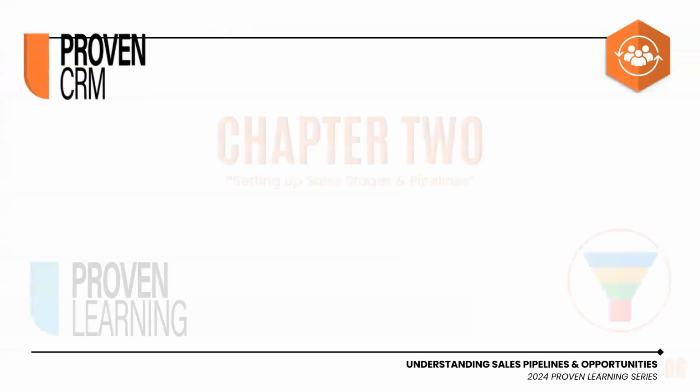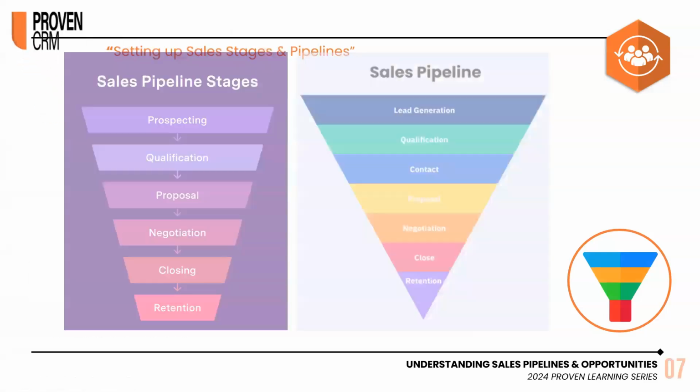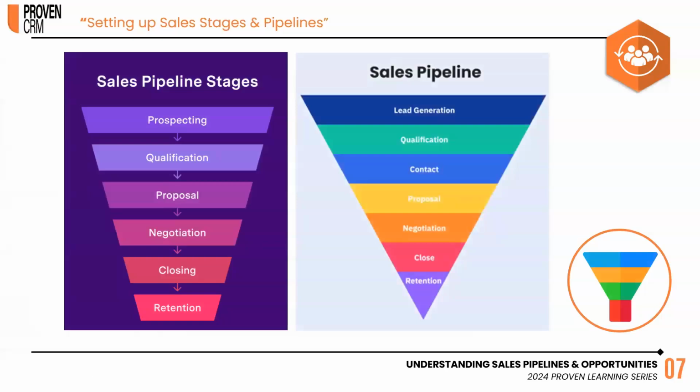Moving into our next section here, setting up sales stages and pipelines can also be found inside of the CRM definitions as well. Now, a lot of times customers will ask, what are the sales stages that I should use? And the examples that you see before you are what we see in a typical sales stage for someone selling to business or business to consumer.